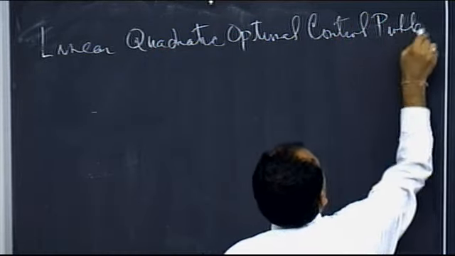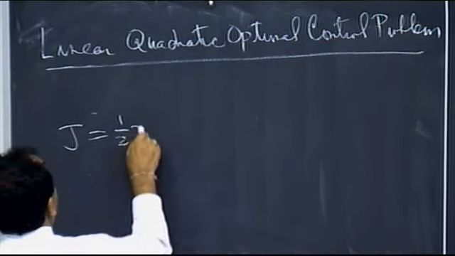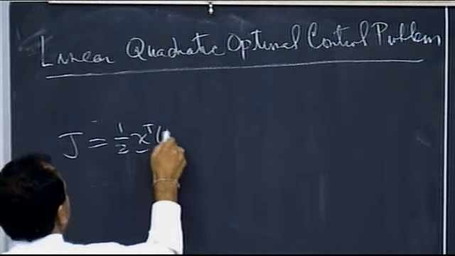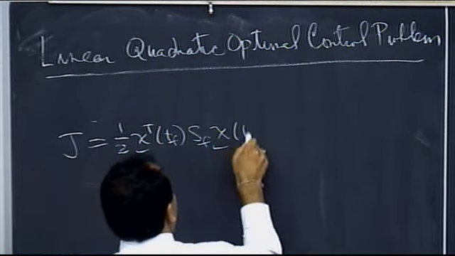Remember the original problem was that J is 1/2 X transpose(TF) SF X(TF).